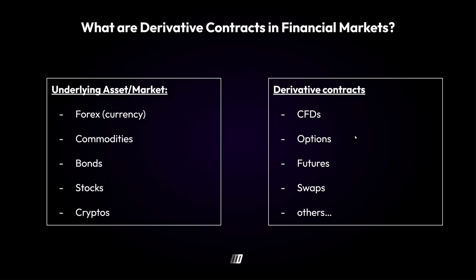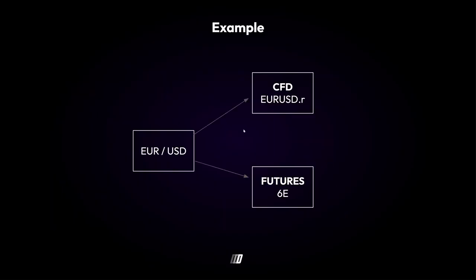And you have many of them. You have CFDs, options, futures, swaps, and others. Let's make an example just to make you understand. For example, if the underlying asset is the exchange rate between euro and dollar, which is EUR/USD, a CFD, a contract for difference, might be EUR/USD. A futures contract might be 6E.